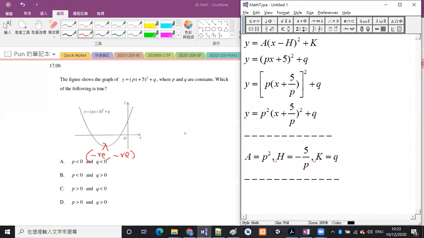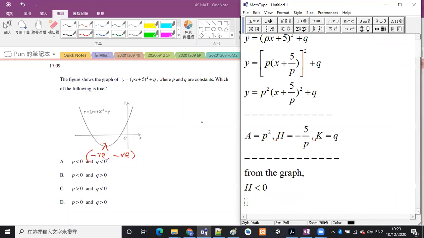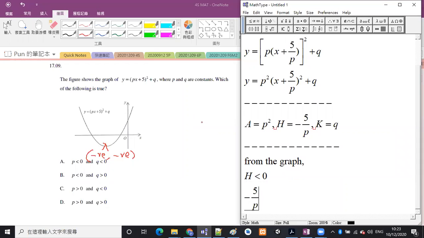So now, when we compare with our h value and k value, we can do this. So from the graph, we know that h should be less than 0. But from the equation, we know that h is equal to -5 over p. So we can say that -5 over p should be less than 0.